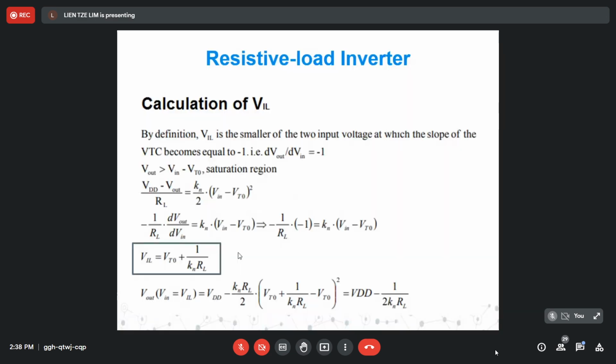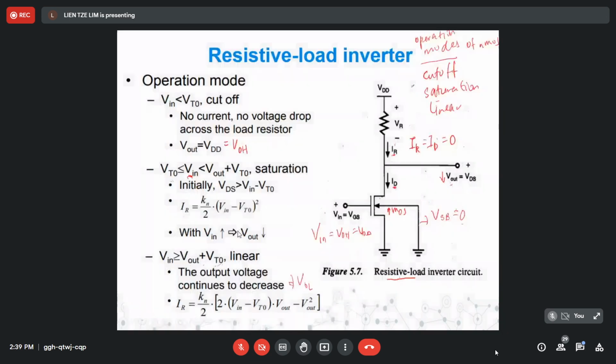So here the input increases more. When the input is low but above the threshold voltage, the NMOS is in saturation region. And again, the formula used to derive the VIL formula is this. This is the load current, and this one is also the load current, based on the formulas given here.